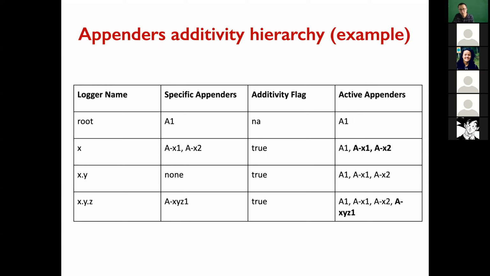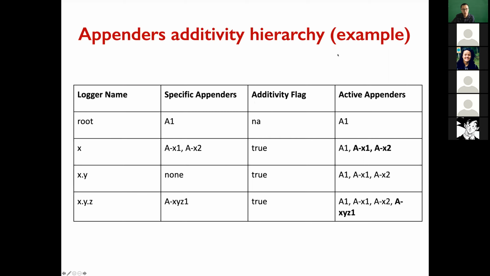So the active appenders would be A1, AX1, AX2. For logger X.Y, we don't specify any appenders, but it will just inherit appenders from its ancestors, A1, AX1, AX2. For X.Y.Z, we define a new appender, and it will also inherit all the appenders of its ancestors. So here, in all the cases, we enable the additivity flag.